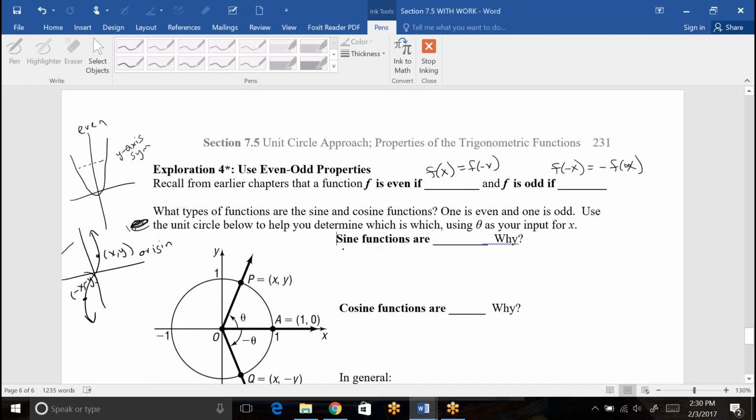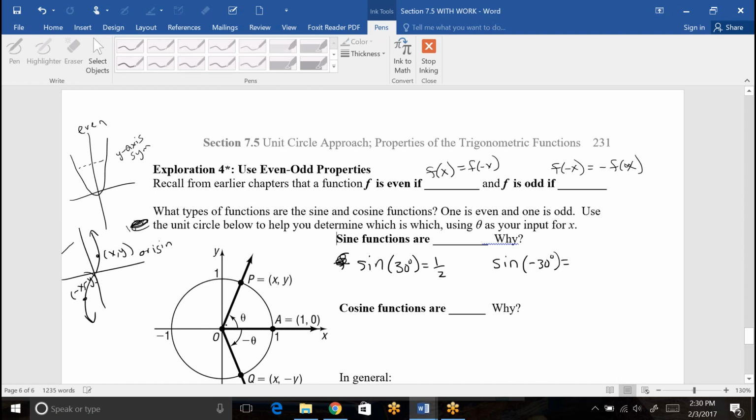So to consider this, we need to think about plugging in something we know and checking the negative of it to see if it actually comes out to have the same y or opposite sign y's. So if we do sine of 30 degrees, which we know to be 1/2, then we try to do sine of negative 30 degrees.